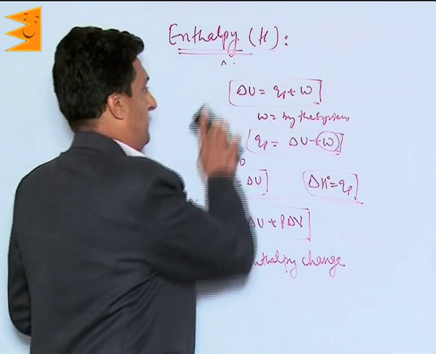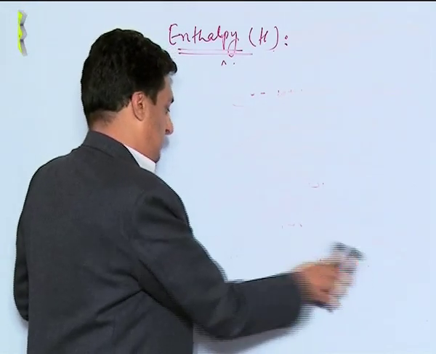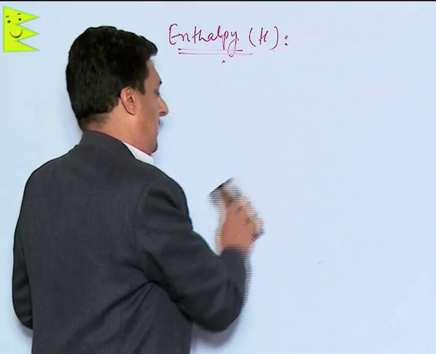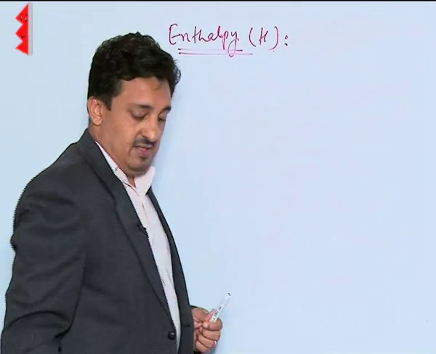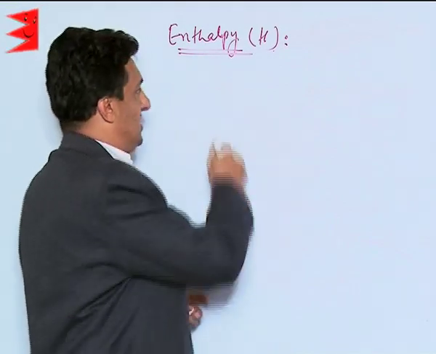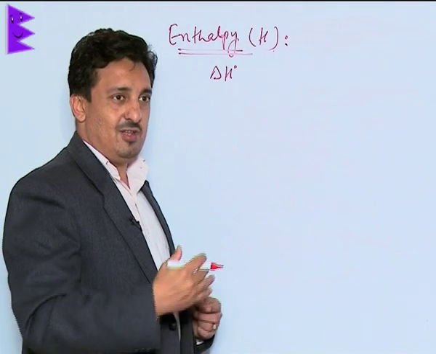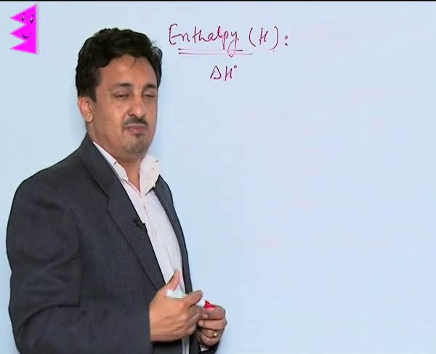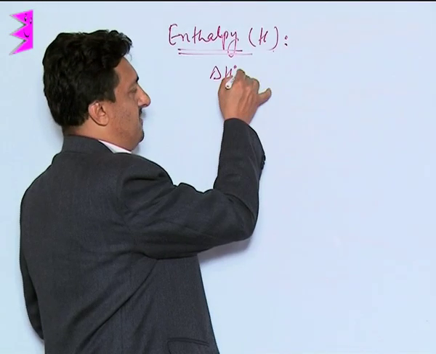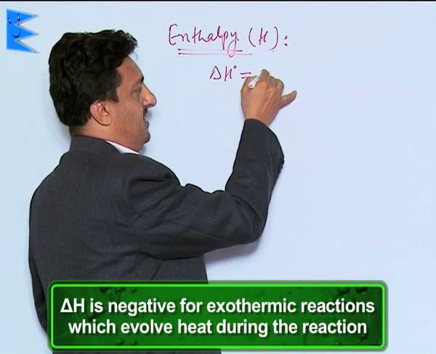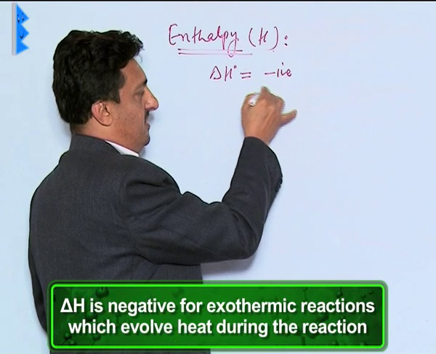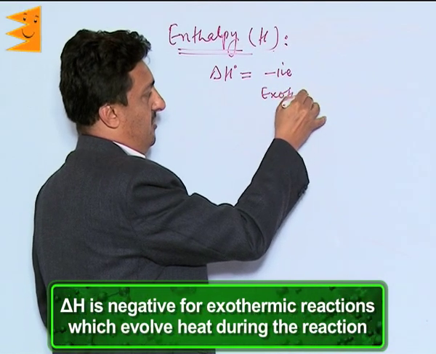Now, we must also know one thing very clearly, that though the enthalpy of reaction is a state function, it basically involves how much energy has been lost or gained by a system. So if this enthalpy has a negative sign, it shows that the process is exothermic.